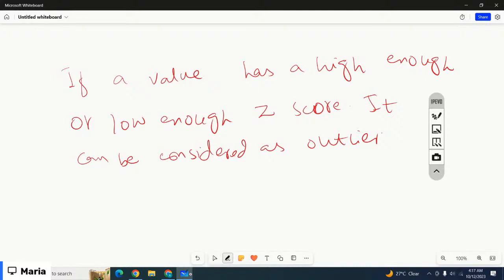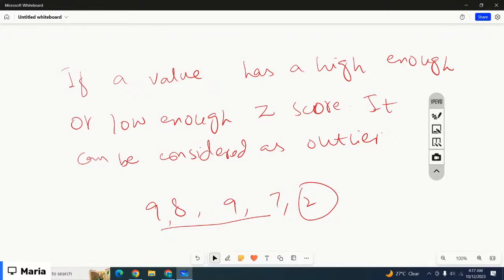For example, in a group of 5 students, the test grades were 9, 8, 9, 7, and 2. So here you can see 2 is the outlier. Why? Because the other numbers are 9, 8, and 7, but 2 is very small, right?